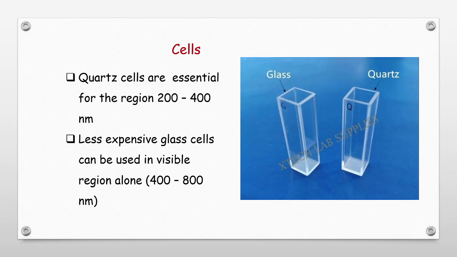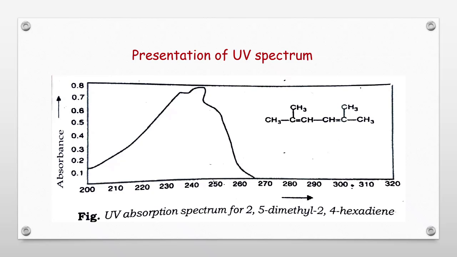A UV spectrum is obtained by plotting a curve of wavelength lambda along the x-axis against the absorption coefficient or the absorbance A or the optical density along the y-axis.